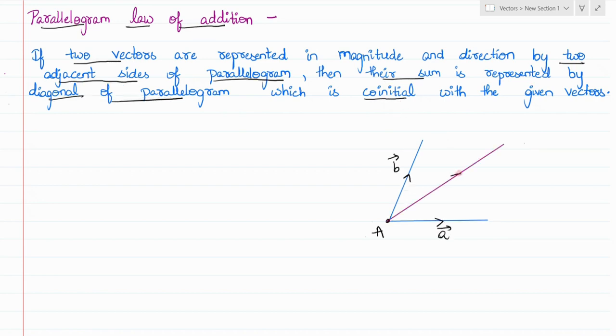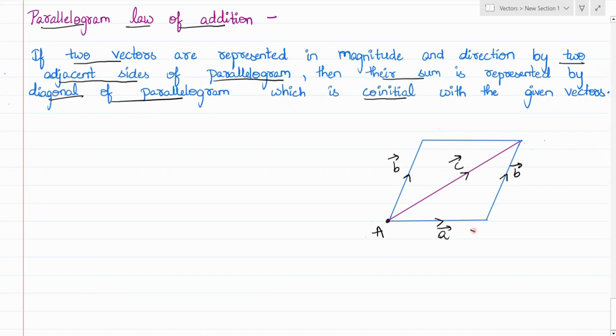Here, this vector, which is nothing but C, is the sum of A plus B, and this vector is also co-initial with these two vectors, which means it is also starting from the same initial point, that is A. Why is the sum represented as the diagonal? Because here this is also a B vector, because it is parallel to this B vector.